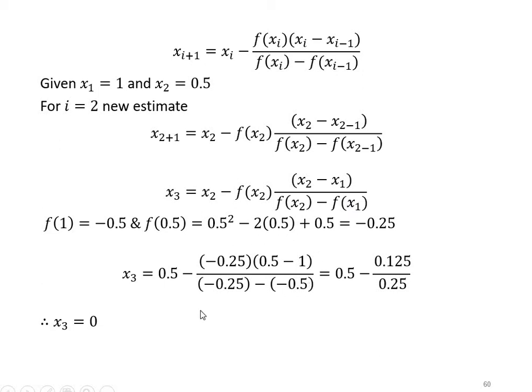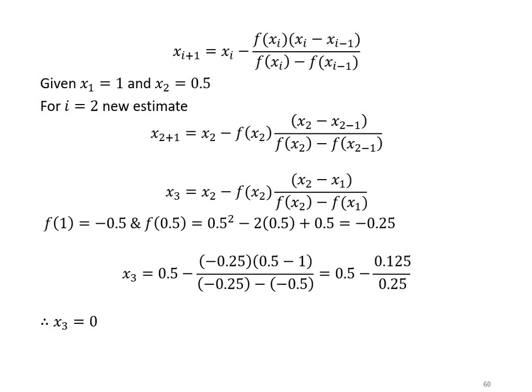And then if you use your calculator to solve this, it will give you 0.5 minus 0.125 over 0.25, and this will give you your x3 to be equal to 0. So that's how we apply the second method.